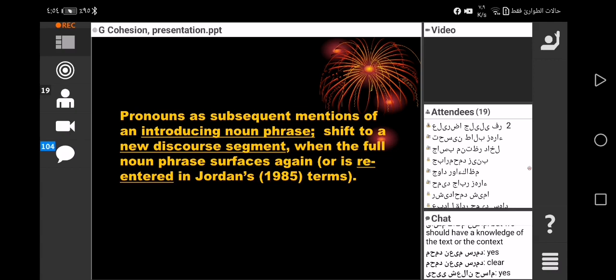Sometimes you use a pronoun, then in the coming discourse you use a referring expression like a pronoun, but on the third occurrence you might again use the same noun, not the referring expression or the pronoun.